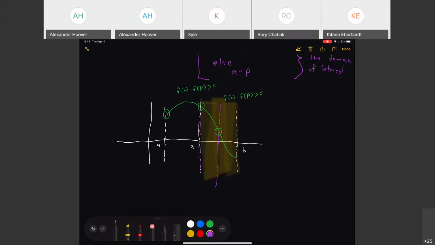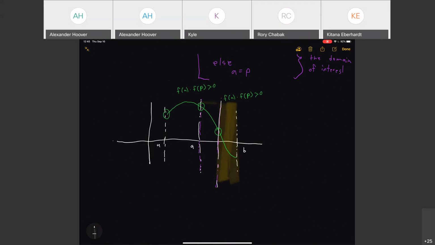So our new domain of interest would be this area, where this now turns into our A, and then onward we go.